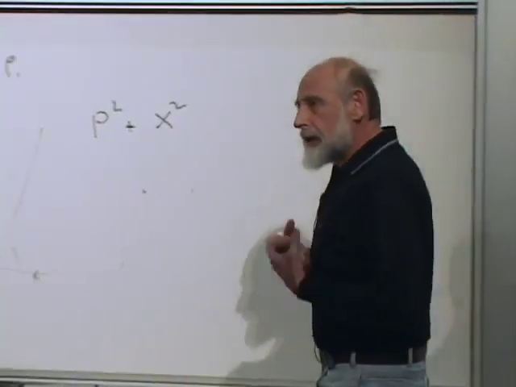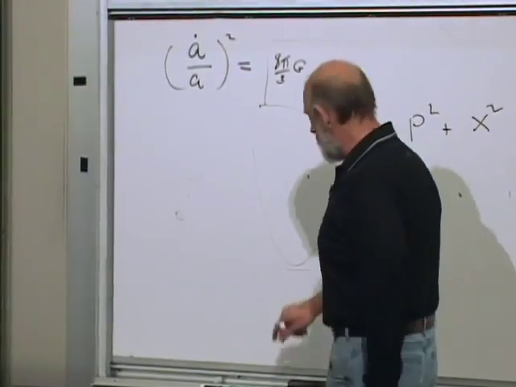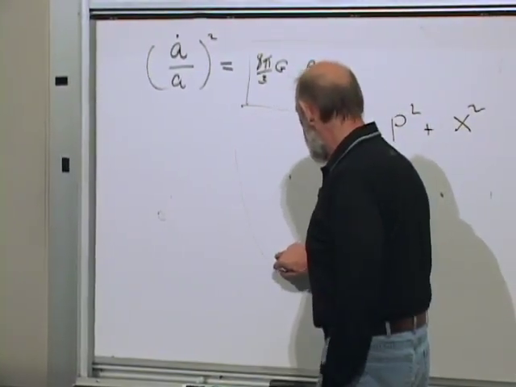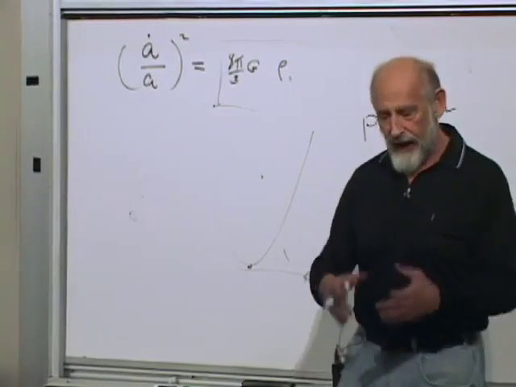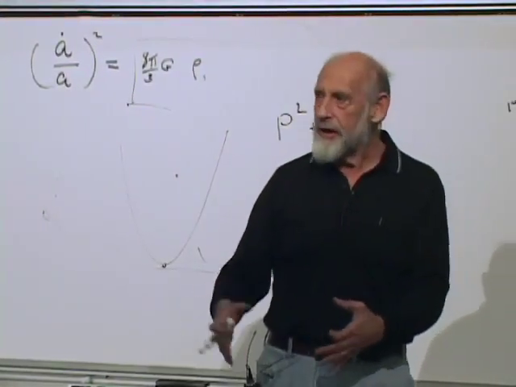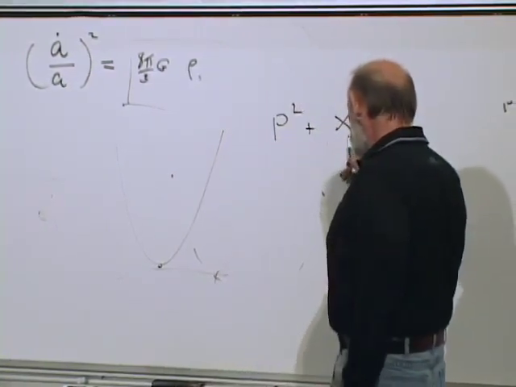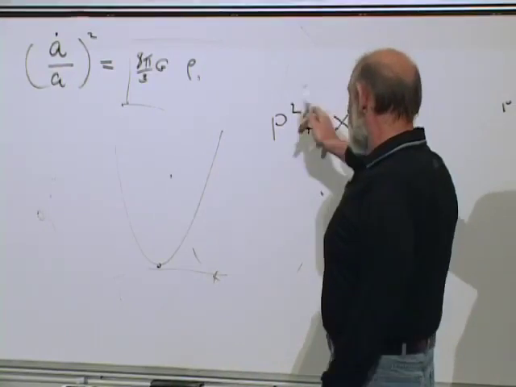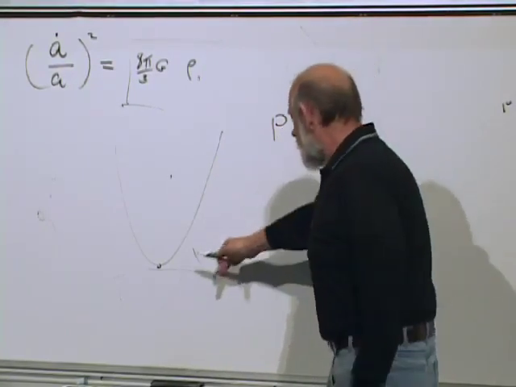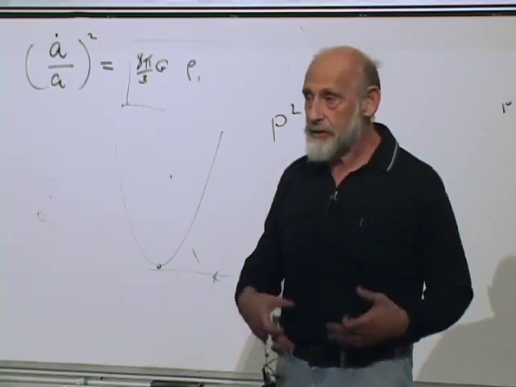Now, classically, the ground state of the harmonic oscillator simply means the configuration in which the spring is at its equilibrium point, not vibrating, not stretched, just sitting at its equilibrium point. X equals 0, and because the velocity is also equal to 0 at the equilibrium point, P is equal to 0, and the energy is equal to 0.